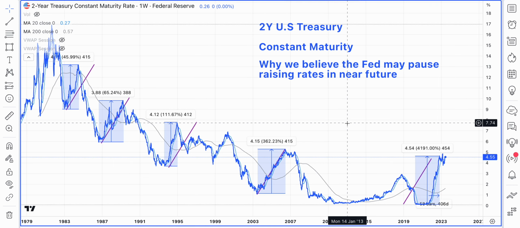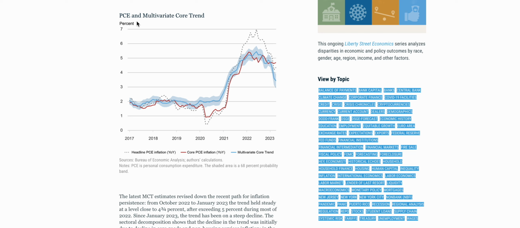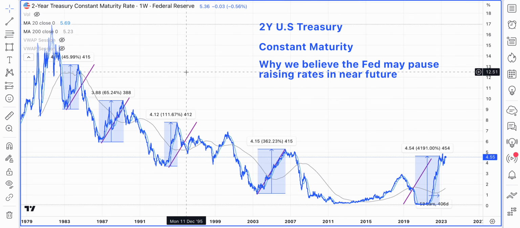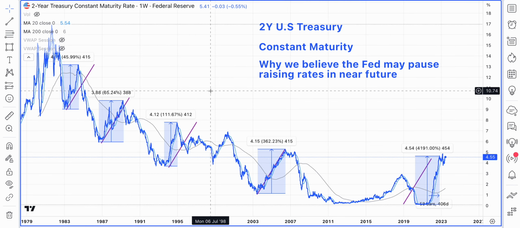So this is what we are looking at, and we'll find out tomorrow what is going to happen in terms of the interest rate decision. One interesting observation is that, based on what we have seen on the PCN multivariate core trend model telling us about the significant decline in inflation, if the committee still decides to raise interest rates, then we'll have to ask ourselves why that might be happening.